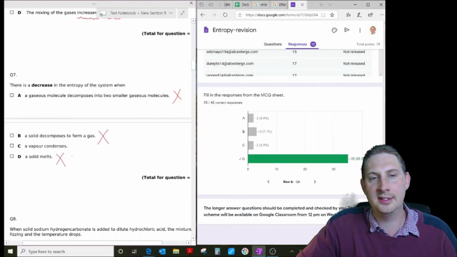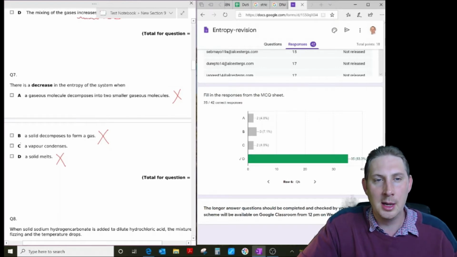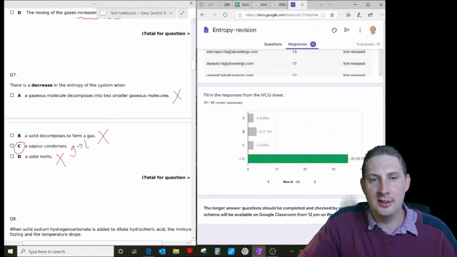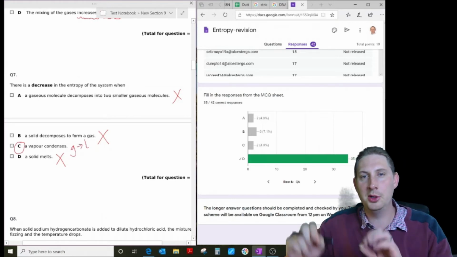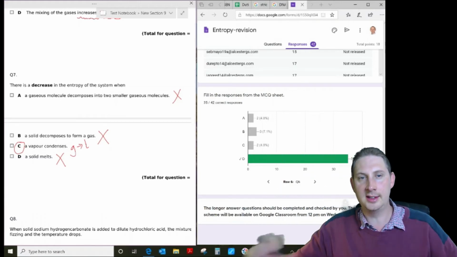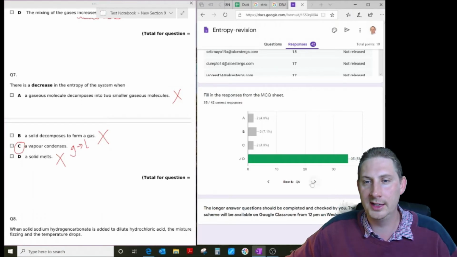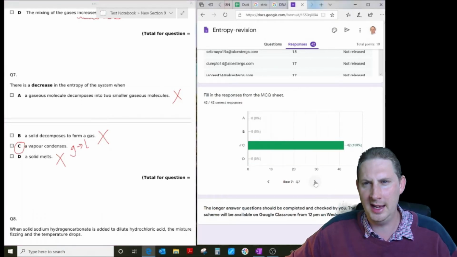No, a liquid has far more ways of arranging those particles than a solid does. But when a vapour condenses, going gas to liquid, there are far fewer options for where you can put those particles, because instead of being all through the atmosphere, they're constrained on a surface or in a container. So yes, 100% of you getting that one right.